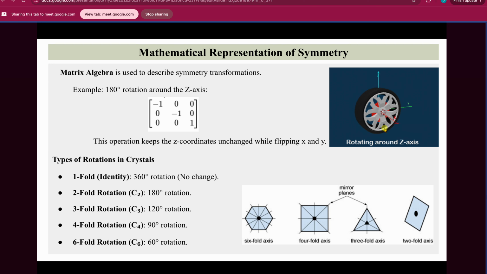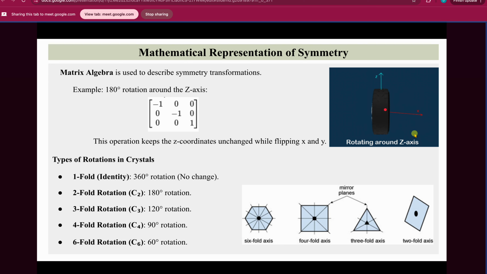And now this is to show you a little bit about the mathematical representation. For example, if we consider a 180-degree rotation around the z-axis, as we have seen in the case of rotation, it depends on which direction the rotation is happening and which axis is kept constant. In this case, as you can see, this is the z-axis and the crystal is moving.